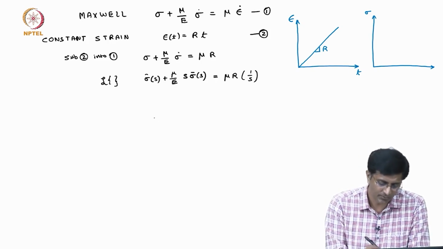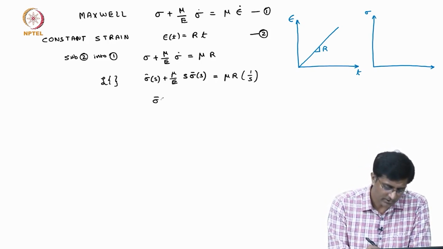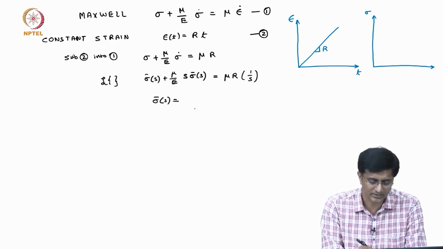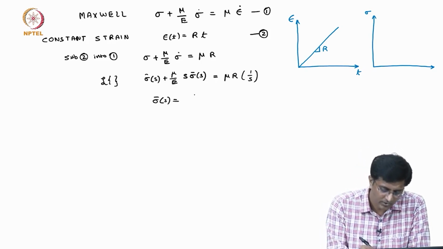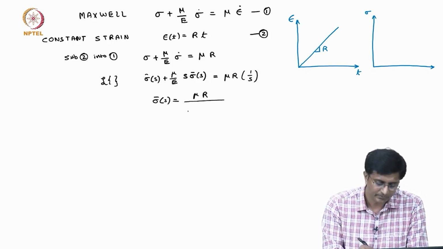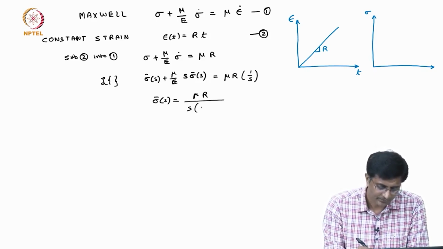So, now let us simplify, bringing the sigma of s to the left hand side of the equation and the rest to the right hand side. It will be mu r by s times 1 plus mu by E s.